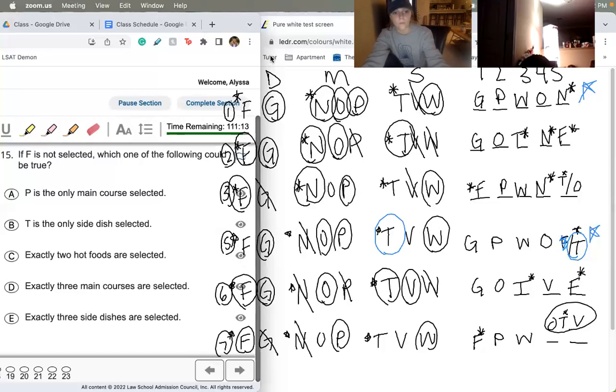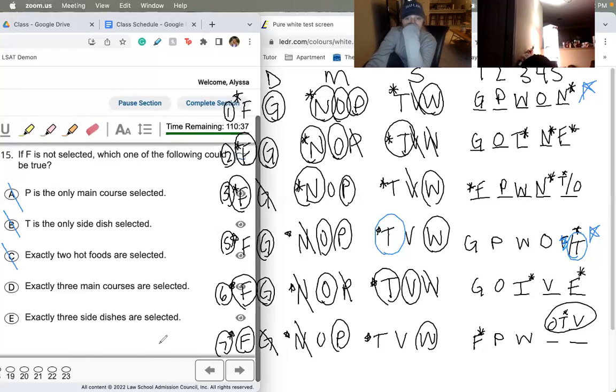Exactly 2 hot foods are selected. That doesn't happen there. The 2 hot foods does not happen in either of the worlds. Perfect. Okay. 3 main courses are selected. It happens there.